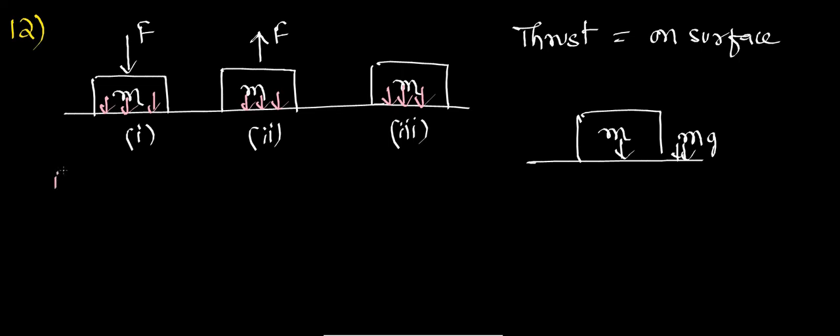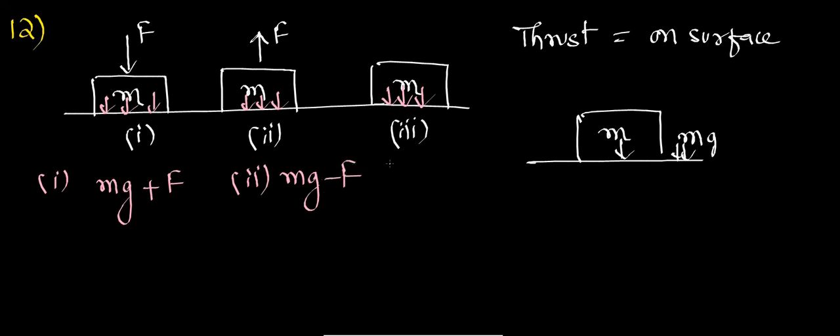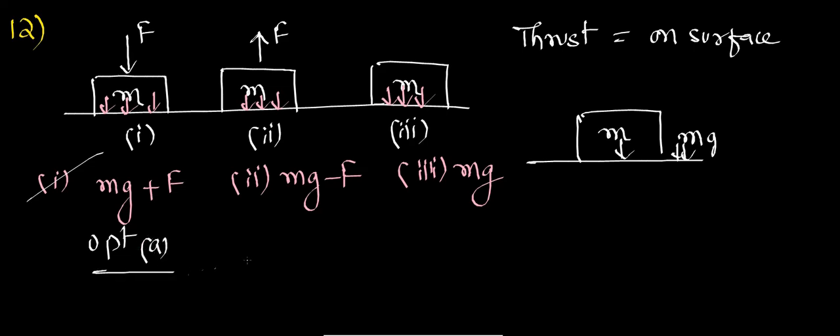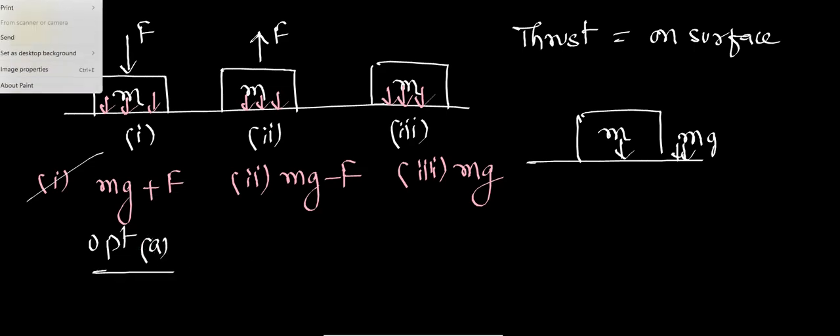In the first case, mg, the weight, is already acting downwards, and some extra external force is applied. Second case, mg is downward, but this time F is applied in the upward direction, so minus F. Third, 0. We can tell 0. Not 0, weight mg is acting, no? Yes, ma'am. Only mg. So in which case is thrust more now, tell me? mg plus F. That means the answer is what? Option A, first body. Clear? Yeah, ma'am.